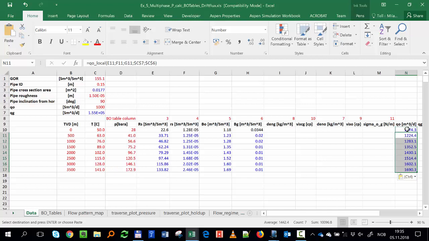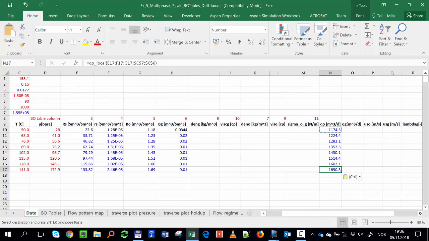When the pressure is going down, BO is also going down. Thus, the volume of the oil should also go down because it's liberating gas. So this volume should go down, and you see dramatically we lost. This is the bottom hole, this 3,500. There we had 1,600 standard cubic meters per day. And when we went to the surface, we lost a third of that. The rest just evaporated, disappeared.